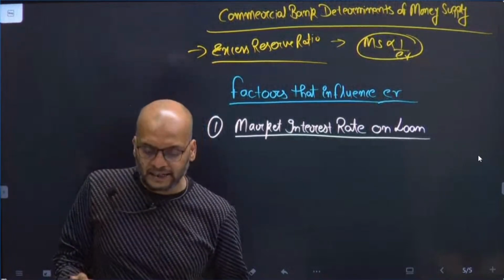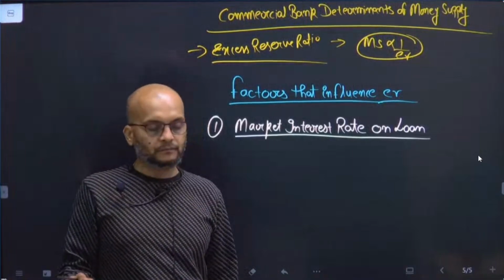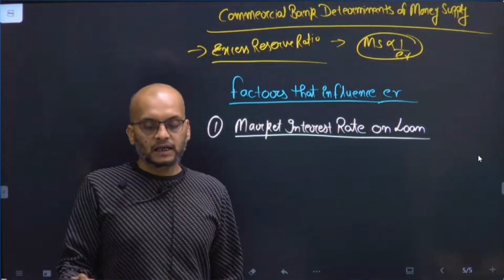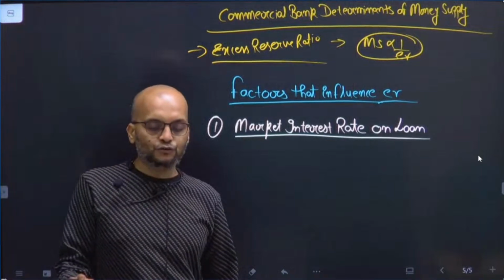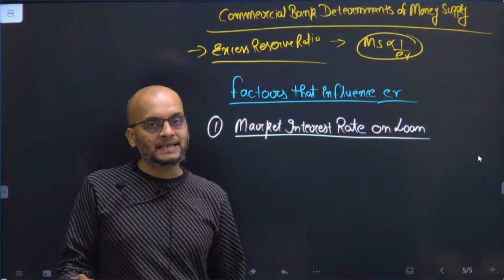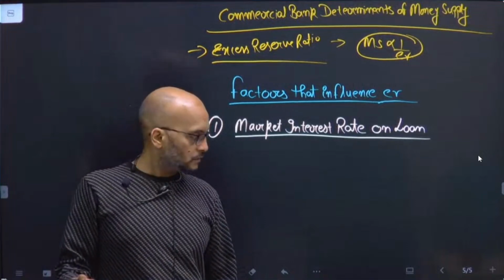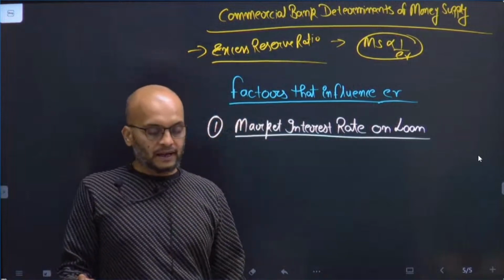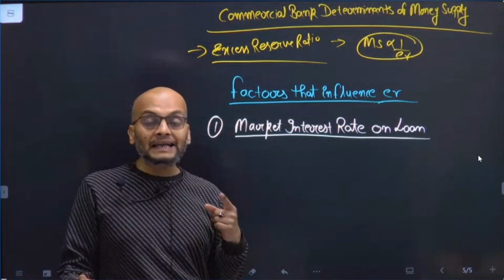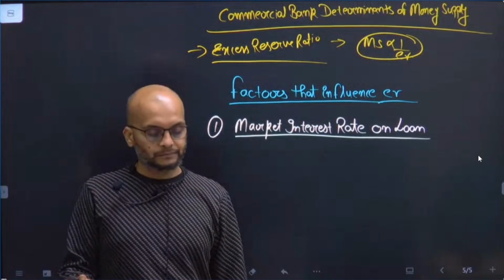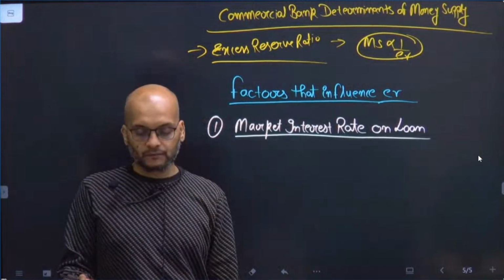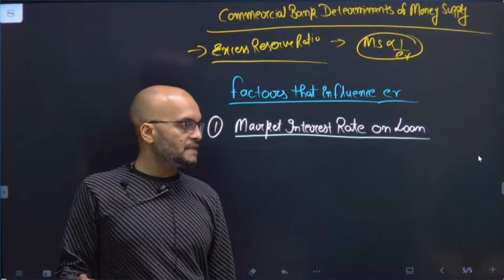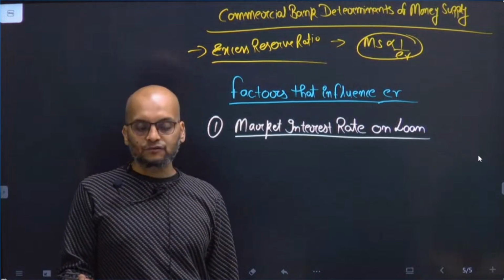Increase in the market rate of interest leads to fall in excess reserve ratio, and hence it leads to increase in money supply and vice versa.